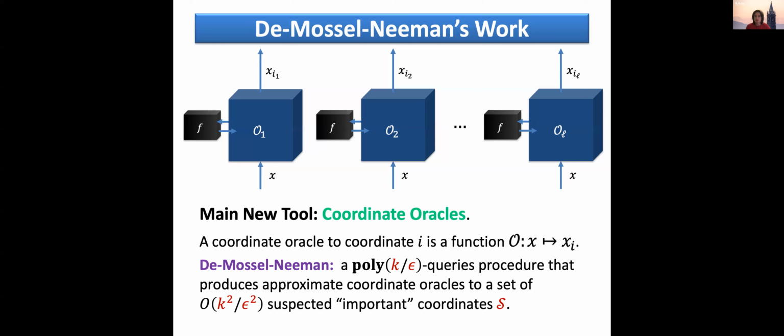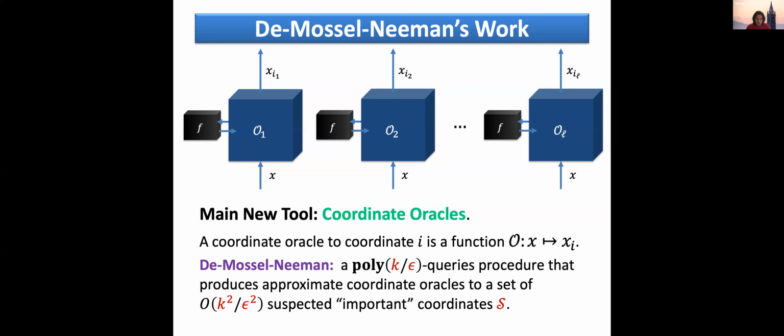If that's the case, then we only have to worry about finding the best k-junta within S. And so we've effectively reduced the dimension of our problem from n down to roughly k squared.